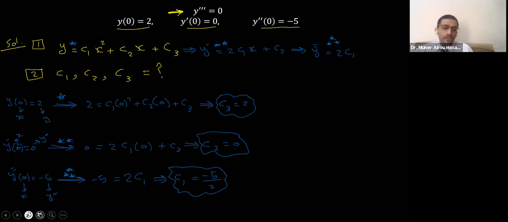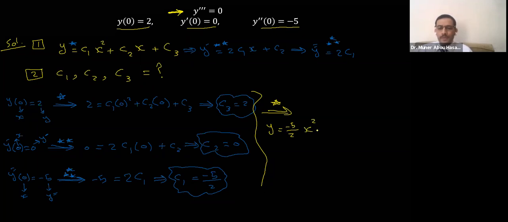After finding your constants, plug in your solution in one. So from all of those, I'm going to write in equation star, my y equals, instead of c1, you found -5/2, x squared, plus your c2 is 0, plus your c3 is 2.